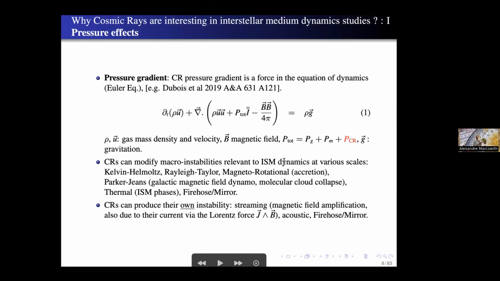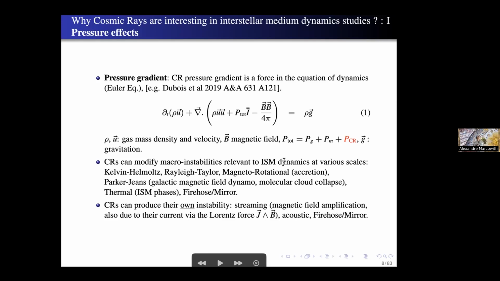And here you have a gradient of the pressure. The gradient of pressure is a force. And if you have a huge gradient of cosmic ray pressure, you can have a huge force acting on the dynamics, modifying, say, the speed of the fluid.